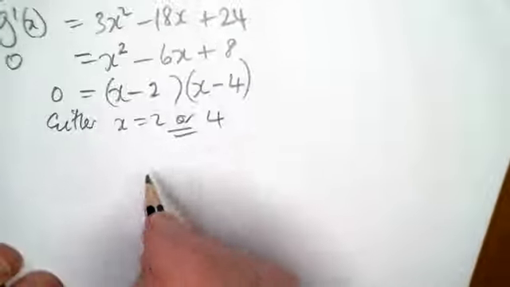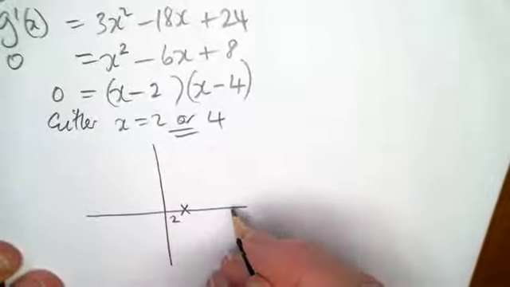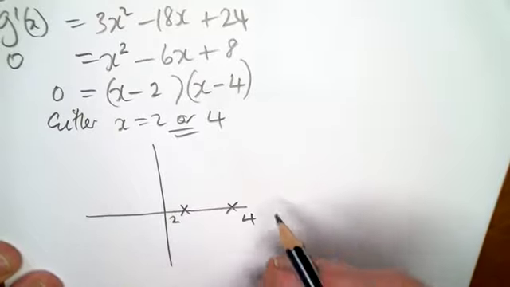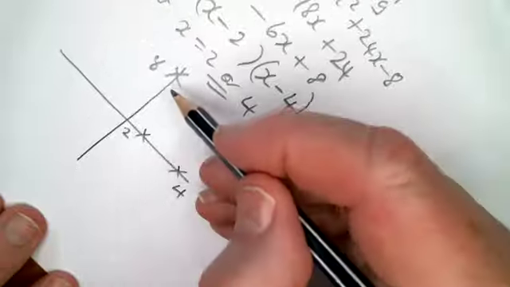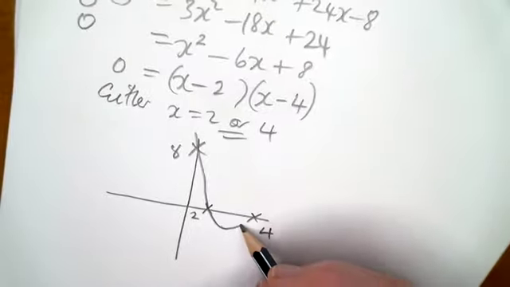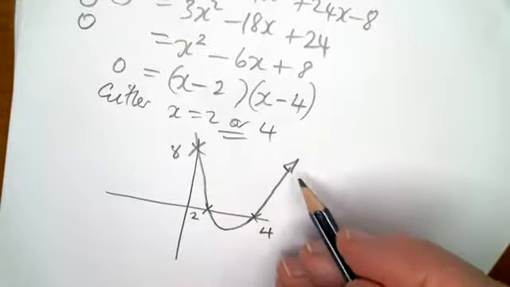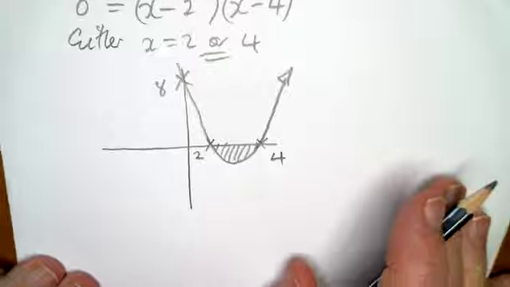Now what does that tell us? Let's have a look. So these are the 2 points. We've got a 2 here, I've got a 4 here, and it crosses at 8. That's on my 8 there. But what have we found here? If we go down like this, we've got this bit below the x-axis.